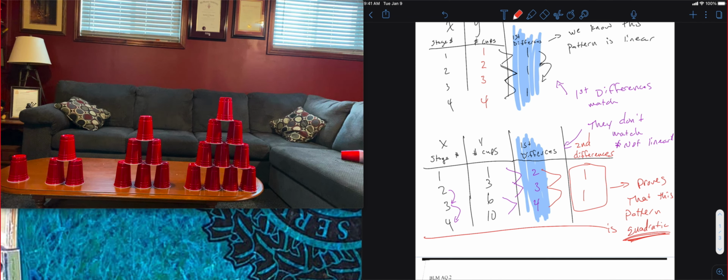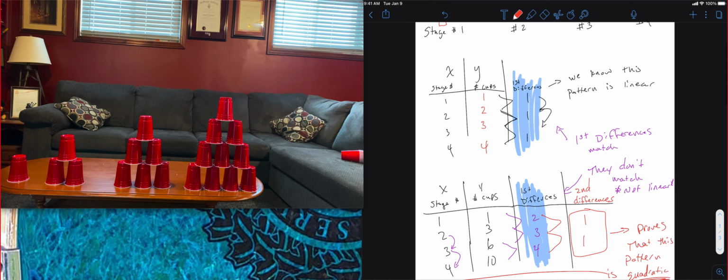If I ask you to prove if a relationship or a series of data points is linear or not, this is how you prove it. You run through these steps and you say, okay, well, if the first differences are the same, like they are if we were mapping just the base, like if the question asked, how is the base growing? Well, the base is growing linearly. And that's true because I can see it here in the first differences because they match. Okay? But if I ask you, how is the total number of cups changing?